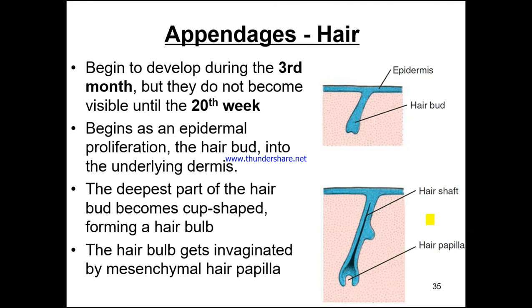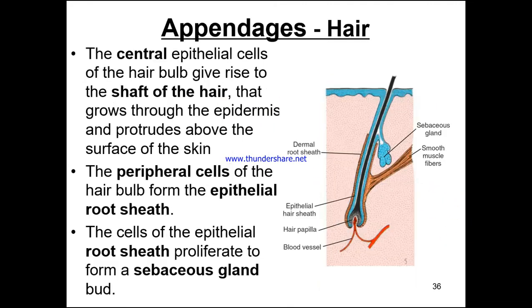the hair papilla, and the formation of the hair shaft, which doesn't come until the 20th week. The central epithelial cells of the hair bulb give rise to the shaft of the hair that grows through the epidermis and protrudes above the surface of the skin.